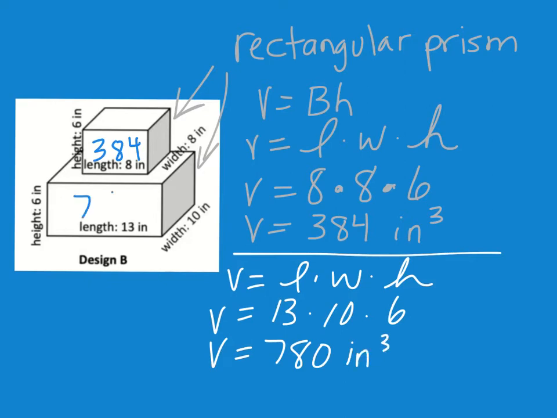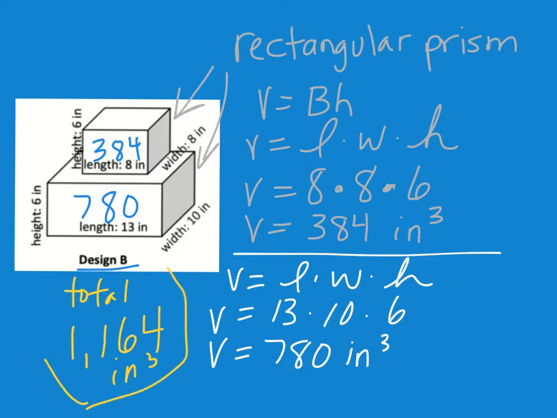Okay, so in here is 780, and then we find the total for the design by adding those together. So our total for this design, it's called the composite volume, is 1164 inches cubed. Okay, so that's for design B. So far, design A has the greater volume.